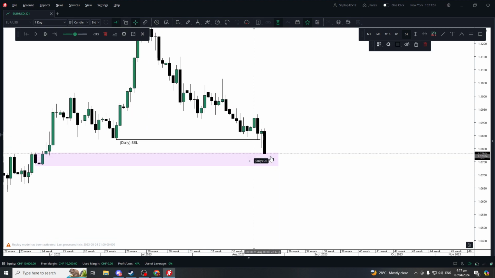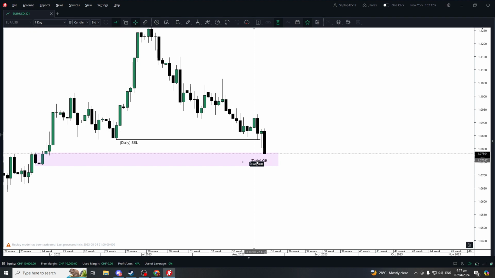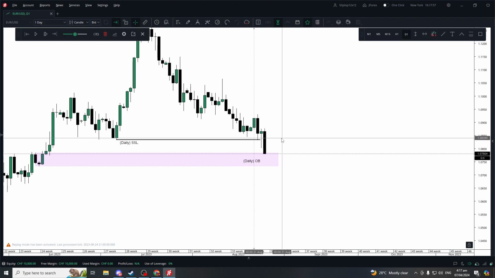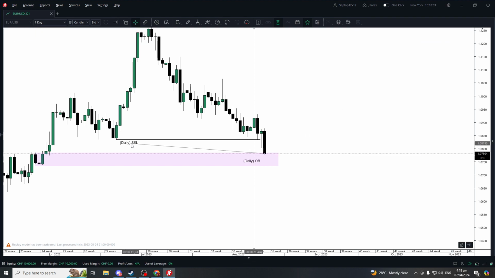So my expectation is we should get some sort of retracement to the upside after clearing the sell side liquidity of the daily time frame, and also this order block with partially filled fair value gap.